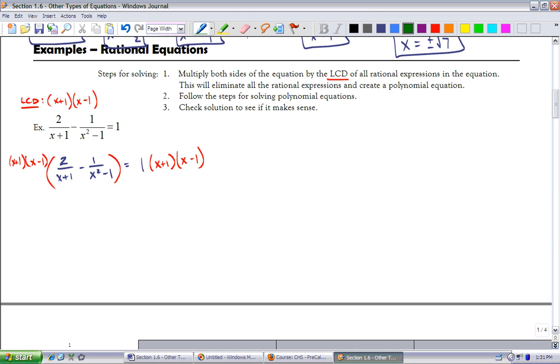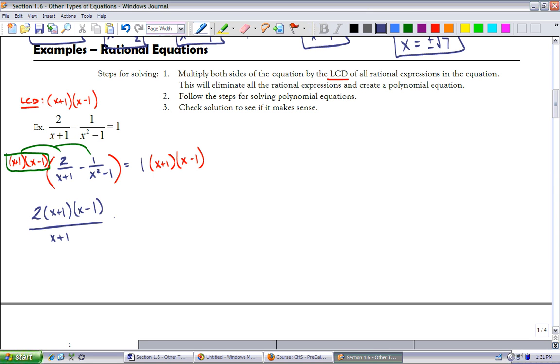Now, once we get that, we need to distribute the least common denominator, this whole thing, to each one of these terms. So when I do that, here's what I get. I get 2 times x plus 1, x minus 1, all over x plus 1.